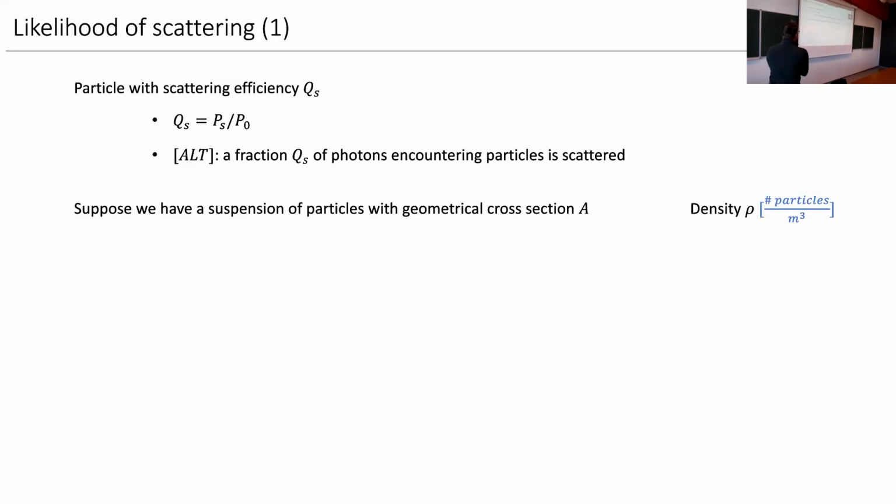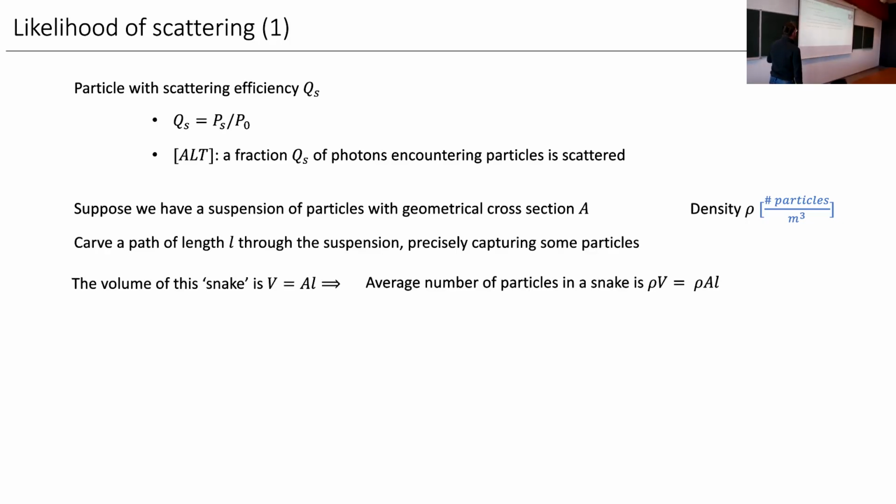If you have a suspension of particles, the particles have geometrical cross-section A. The trick you can do is curve a path of some length L through that suspension that precisely captures some of the particles, kind of like a snake around the particles.